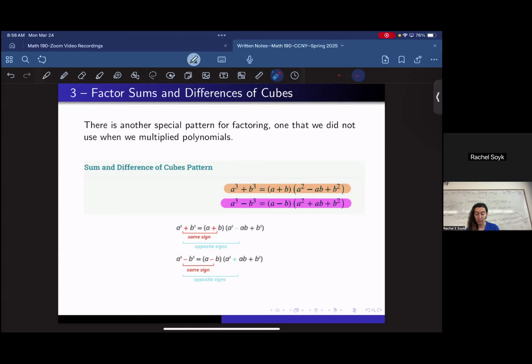Whereas if it's just minus, then again, that binomial is the same sign, but then that whole trinomial afterwards is opposite signs. And then all the terms sort of stay the same, that a squared, that ab, and then that b squared, whether it's the sums of cubes or the difference of cubes.